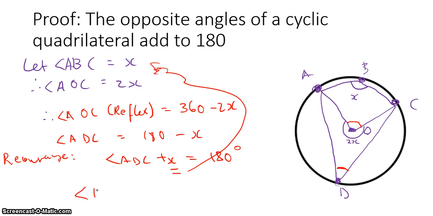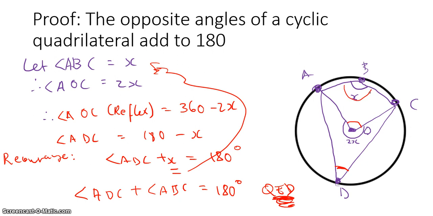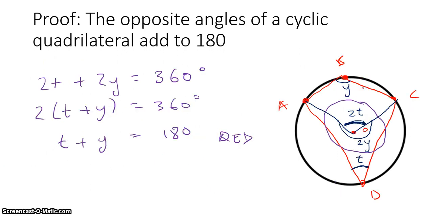So we can say that ADC plus angle ABC add up to 180. QED. So once again, two different ways to prove that this angle plus this angle is equal to 180. Or if you just go back to the previous one, it's as simple as doing something that's easy.